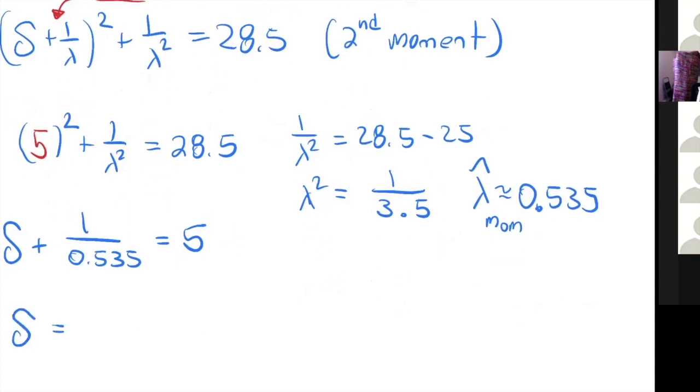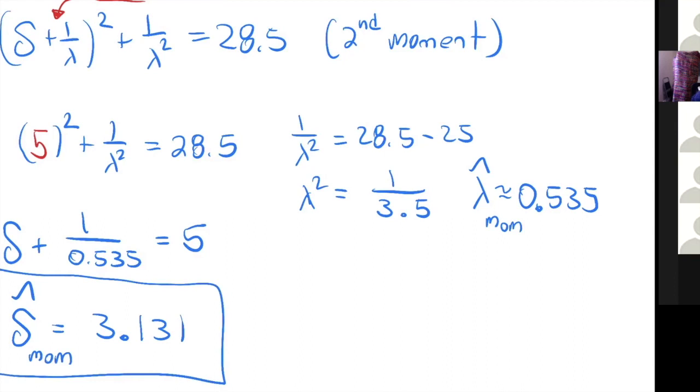And then that will give us the estimator for delta. The hats mean estimator, and the subscript MOM just indicates the method that we used to get that estimator.